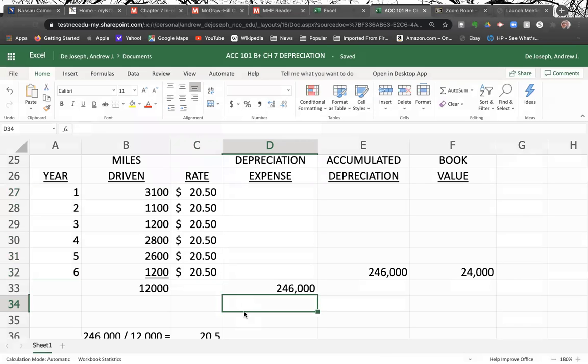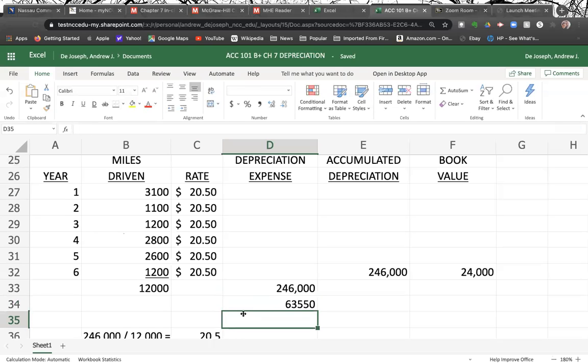Remember the example of the car in the book was what? It was 35 cents. So here it's much more. It's $20.50. So what's the depreciation expense? It's the miles driven times the rate. So 3,100 times 20.5 is 63,550.